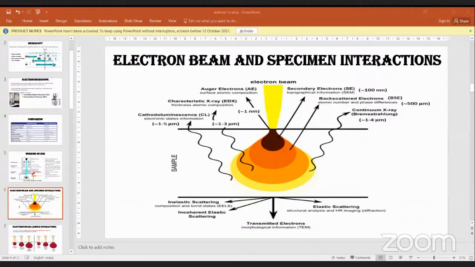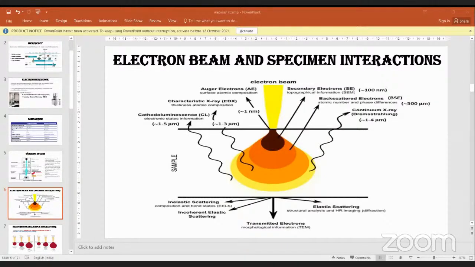As you can see, this is the same electron beam: low accelerating voltage gives low interaction, and it increases with high voltage, while it decreases with atomic number. High atomic number gives less interaction, and low atomic number gives higher interaction.